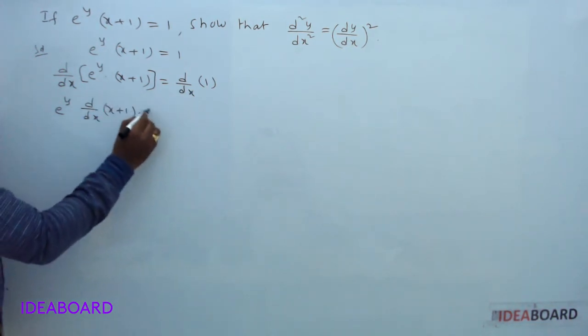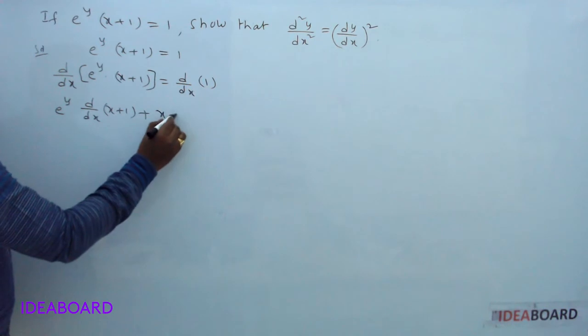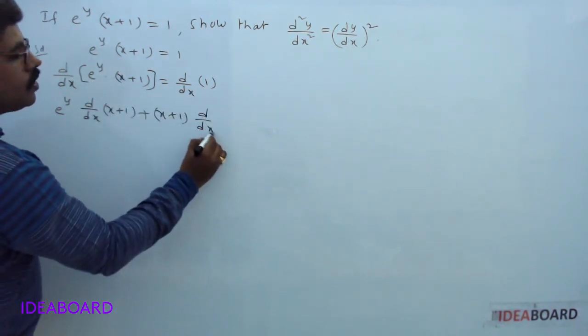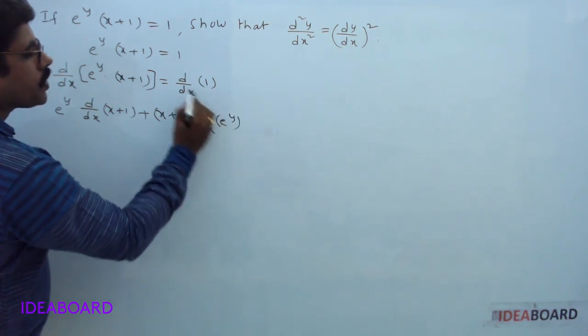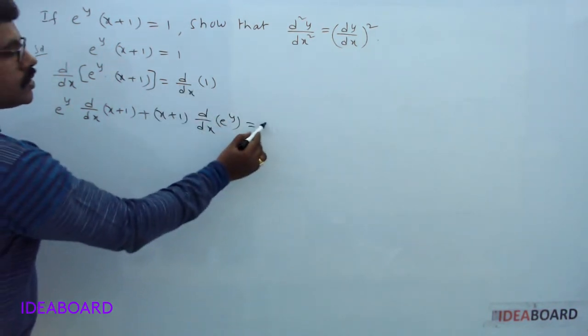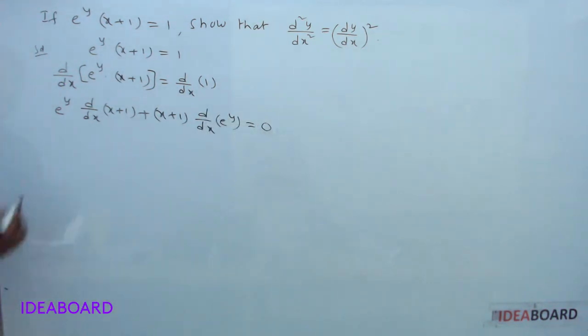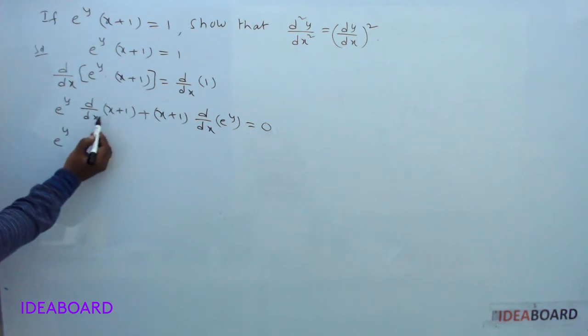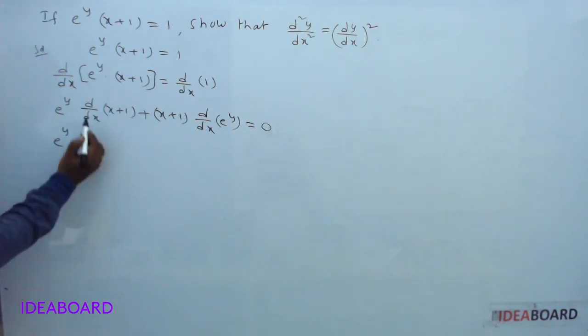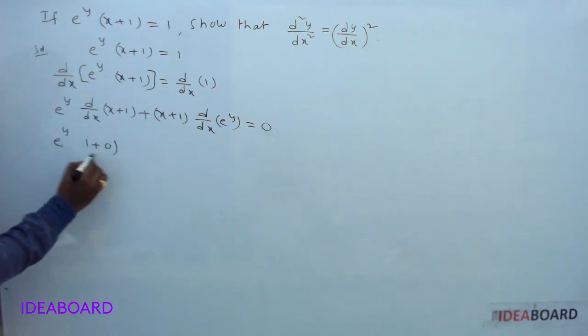(x + 1) plus (x + 1) into the derivative of e^y. This equals 0, since 1 is the constant term and its derivative is 0. Now this is e^y into the derivative of x with respect to x, which is 1, and 1 is the constant term, so its derivative is 0.